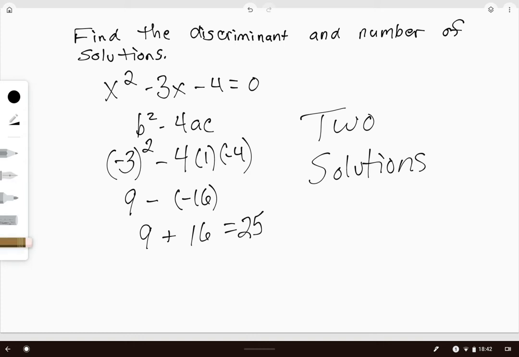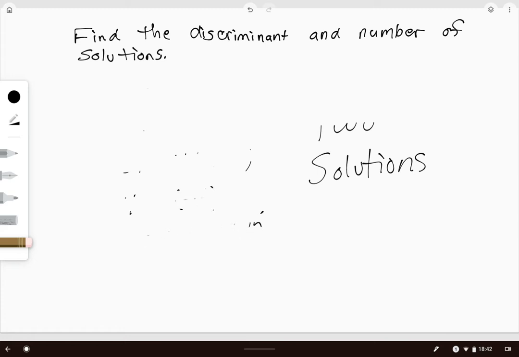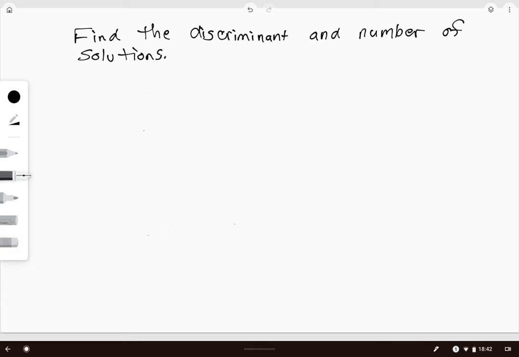All right, so let's go back here, and I'm going to write another one after I erase all of this. Okay then, so the next one is going to be negative x squared plus 2x minus 1 equals 0.